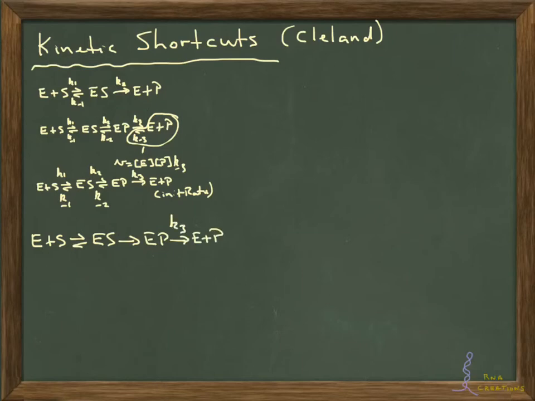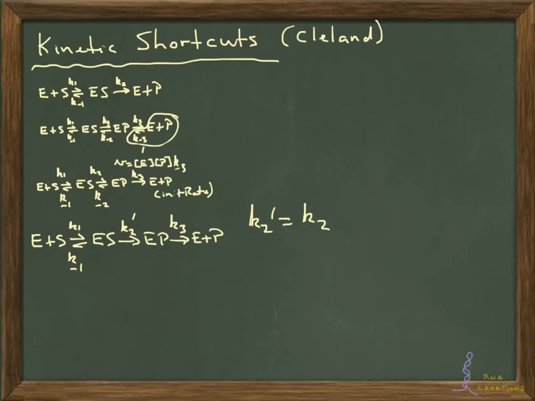This is k3, but this is no longer k2 because I messed with it, so I'll call it k2 prime. This is still k1, and this is still k minus 1. And the question is, what is k2 prime equal to? Well, k2 prime is equal to the real k2 times the partitioning factor.